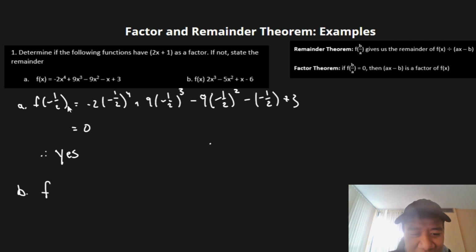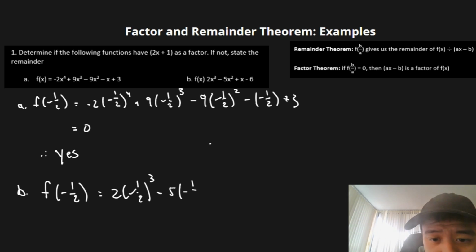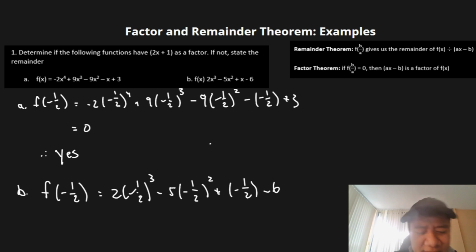If it gets us 0 like last time, then yes, 2x plus 1 is a factor. Okay, so let's do that. Equals 2 times 1 over 2, minus 6. Let's see what it comes out to.